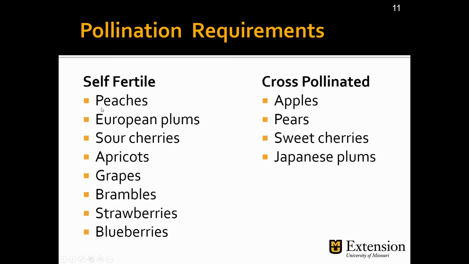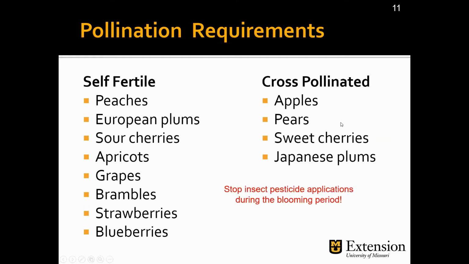Some of the varieties within these require pollination. In general, apples, pears, sweet cherries, and Japanese plums are cross-pollinated. That means that they need the help of insects to pollinate them. And a flower that doesn't get pollinated is not going to set fruit correctly.